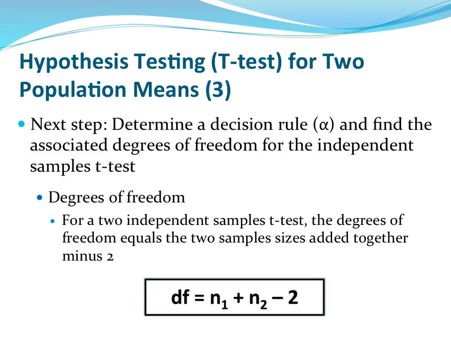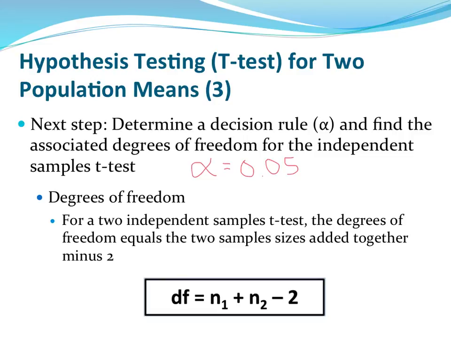The next step in our hypothesis test procedure is determining a decision rule, as well as finding the associated degrees of freedom for the independent samples t-test. Our decision rule will be the level of significance, or alpha level, we are choosing to test at, with a common choice being alpha equal to 0.05 that we have seen in previous hypothesis testing procedures.